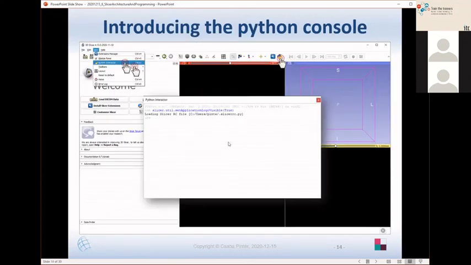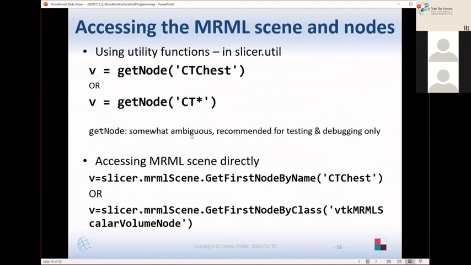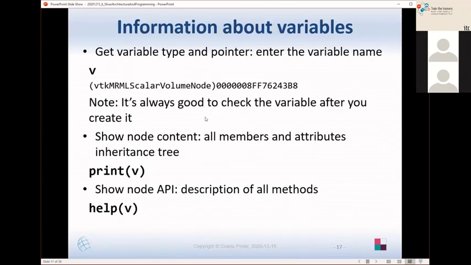Steve already introduced the Python console. One thing that may be worth mentioning is that you have autocomplete. So if you start typing some command, you get a little drop down and you can select the proper function that you want to use, and you can use the help. Steve also covered this.